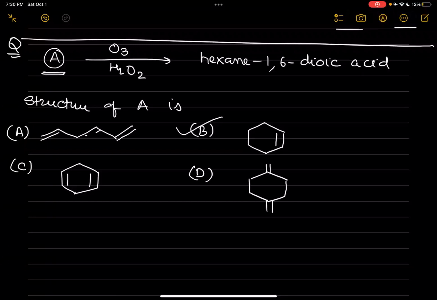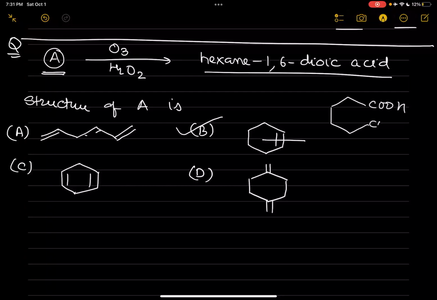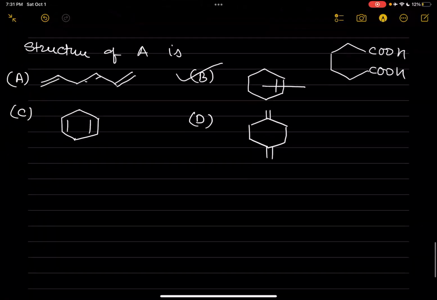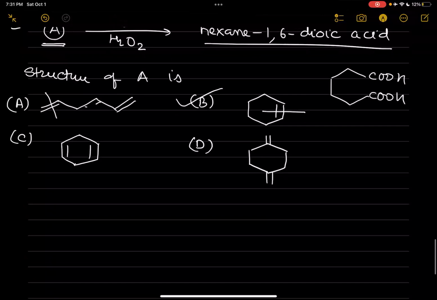Okay, so this is going to break, and cycloalkenes are going to give you dicarboxylic acid or dialdehyde. This is going to give you 1,2,3,4, butane dioic acid.